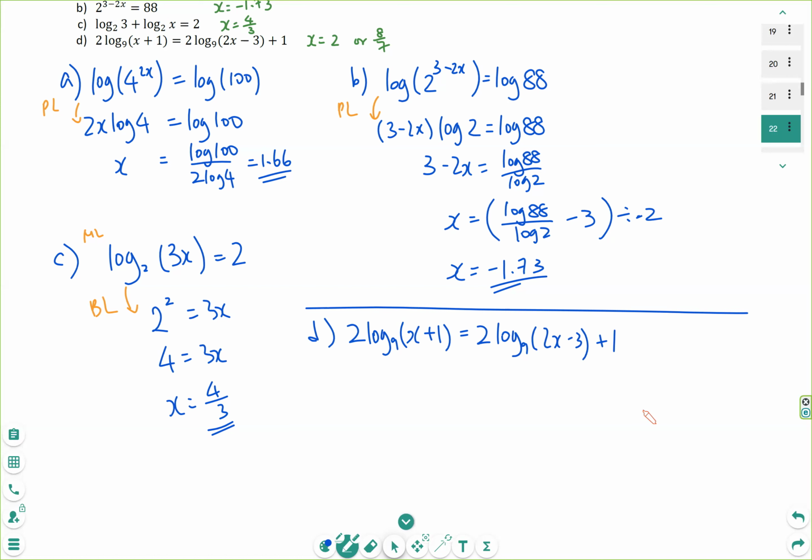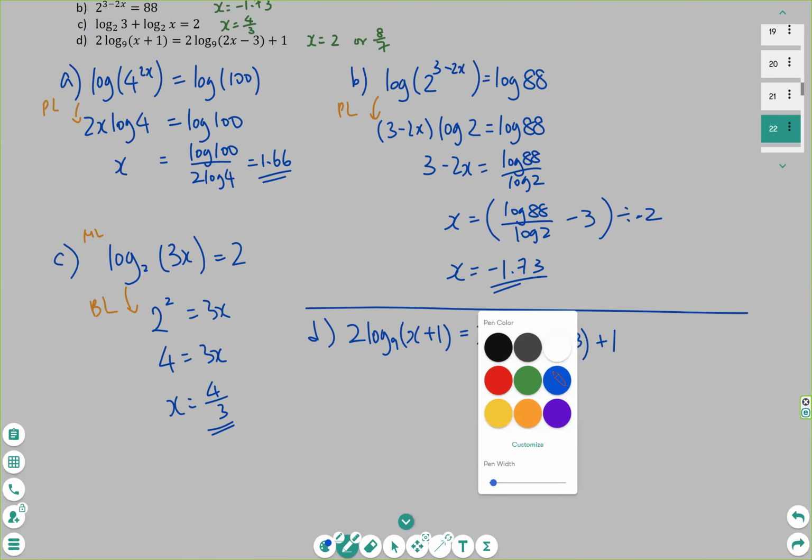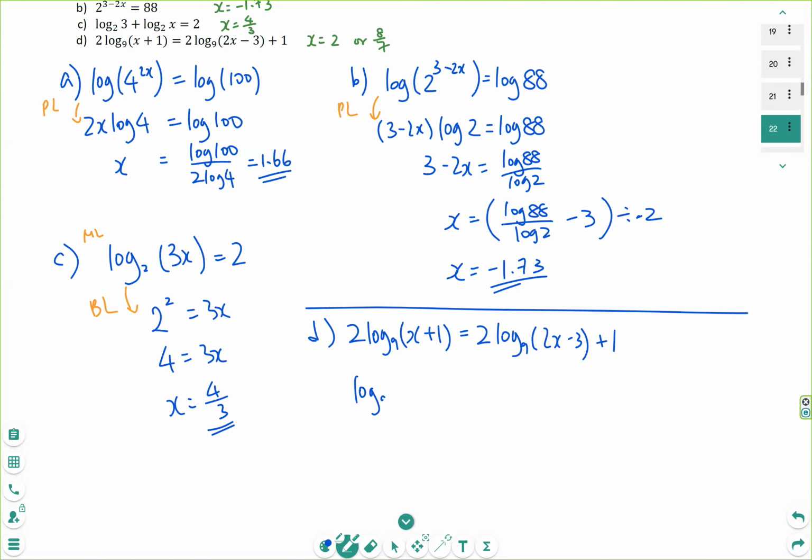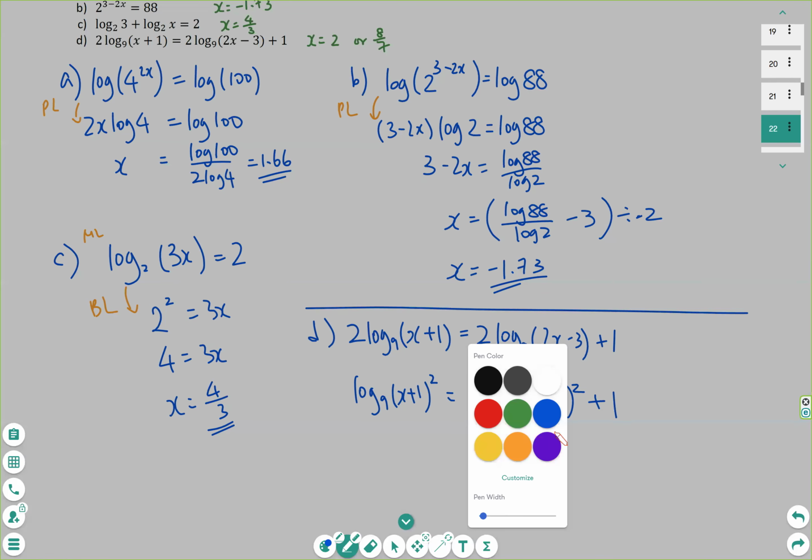To solve any log equations, we don't like to have a number in front. So we apply the power law on both logs. It becomes log base 9 of (x plus 1) squared equals log base 9 of (2x minus 3) squared plus 1. So, power law.